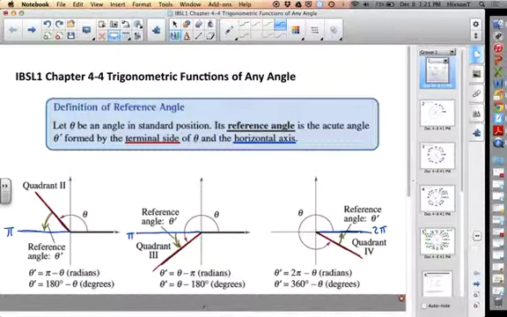In the 3rd quadrant, you could think, how much past pi, or past 180 degrees, am I? And in the 4th quadrant, how far short of a full 360 degrees am I? So yes, there are some formulas, but don't get caught up in memorizing them. Just think.